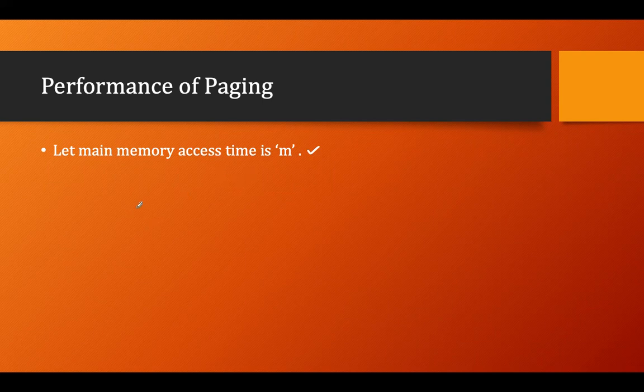So we know that first what will happen is the CPU generates the logical address, and this logical address is of two parts in the paging. One is the page number, another is the page offset. This will go to the page table, and it will find out a particular frame from that page table.